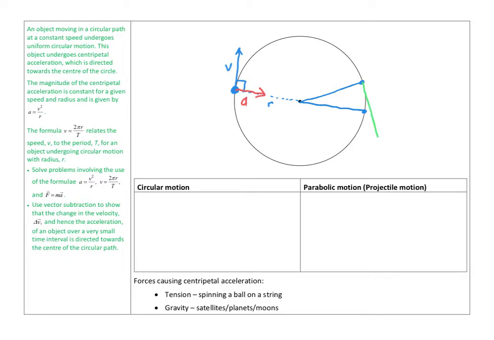So we can draw a vector there representing the initial velocity. And then we can draw another vector here representing the final velocity. Now, delta v, the change in velocity, is equal to vf minus vi.